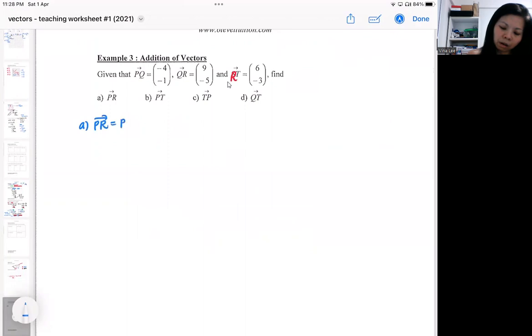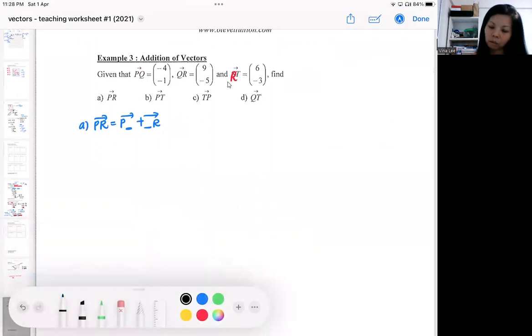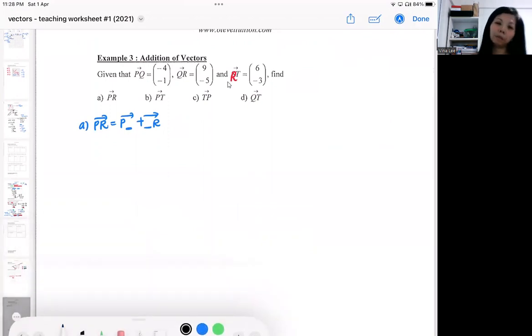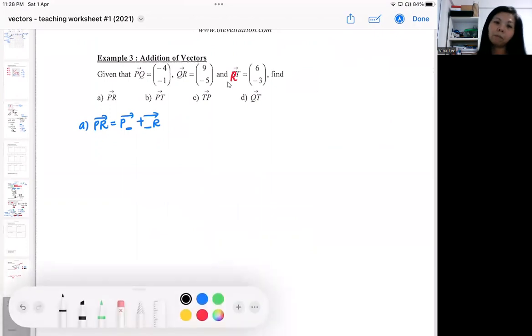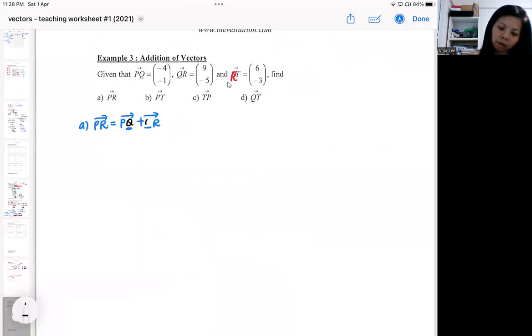So PR, okay, we do the setup for fill in the blank. You can write out the blank first. After you write out the blank, you look around you, at the information given to you. What can you fill the blank with? If you look carefully, you can fill in with Q, because you are given PQ and you are also given QR.